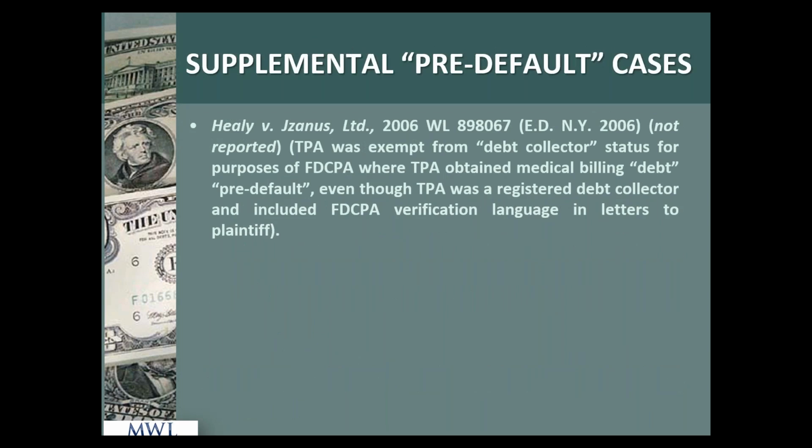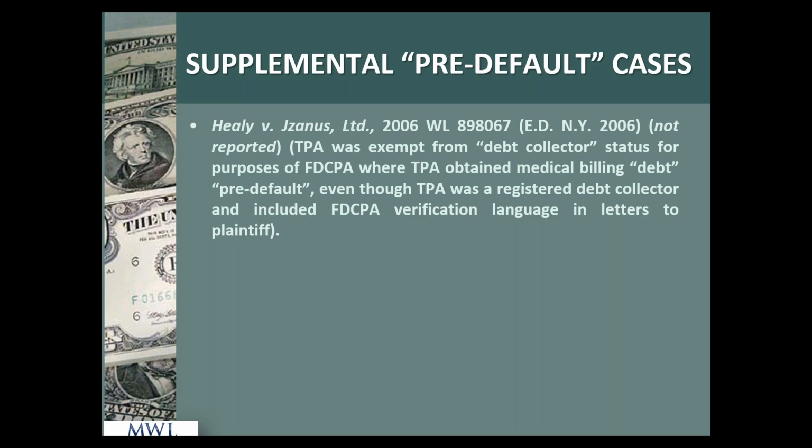So there's a couple of pre-default cases that are very similar to this one. And to a large degree, there has not been any disruption of Hamilton. No one really seems to want to disrupt it. The good news is that there really hasn't been a case where the facts applied, so that is fairly reliable to look at, even though, again, as I said, there are a couple cracks in it.